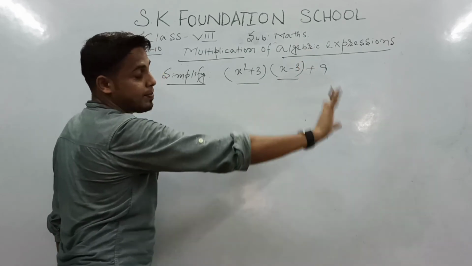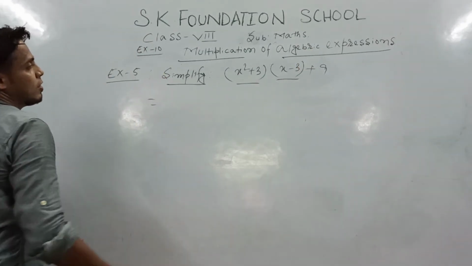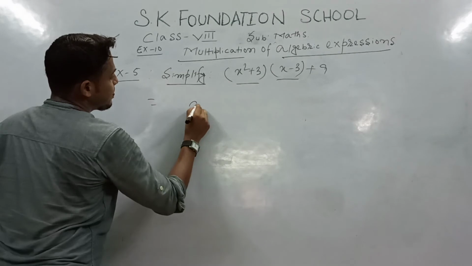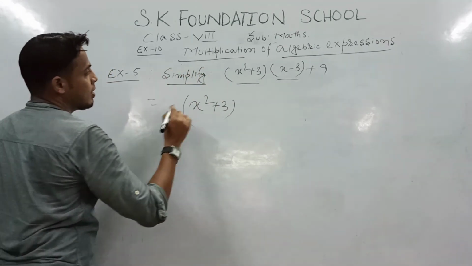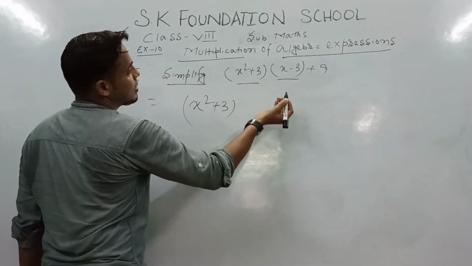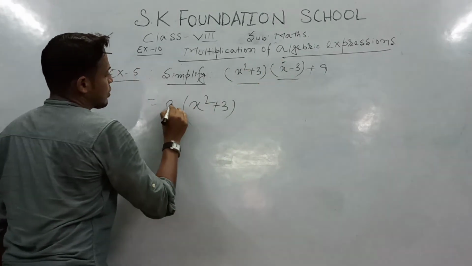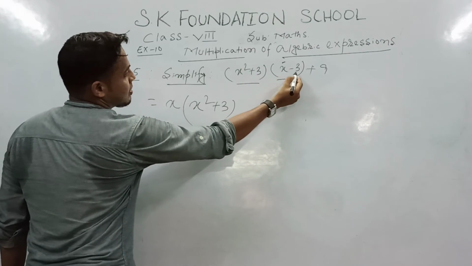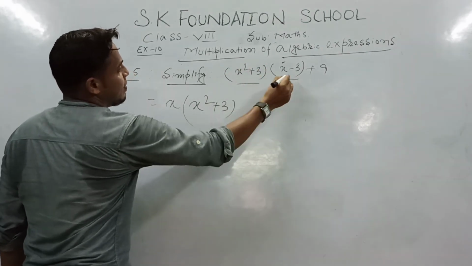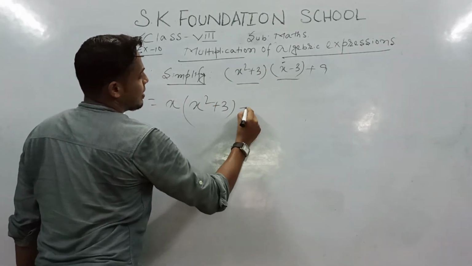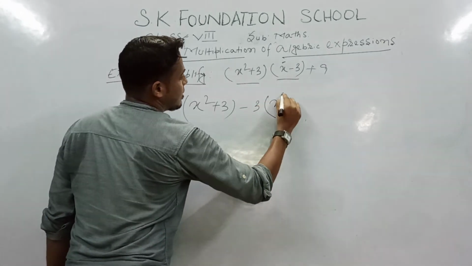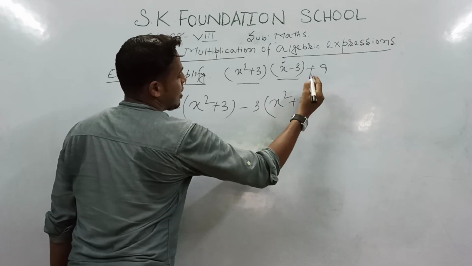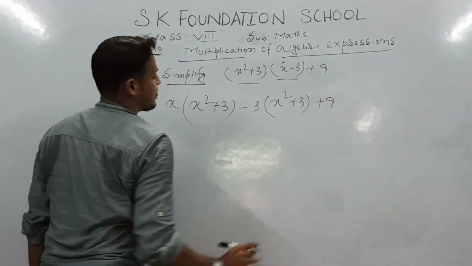Plus sign is a different term. So first we fix any one of the terms. Suppose I have fixed here x square plus 3. This x square plus 3 is first multiplied with this x. So here x. Next, this is also multiplied with 3, and 3 contains minus sign. That's why minus 3. Once again x square plus 3, and plus 9.